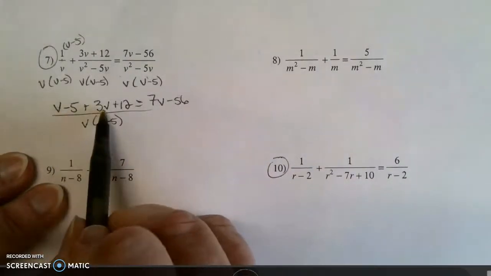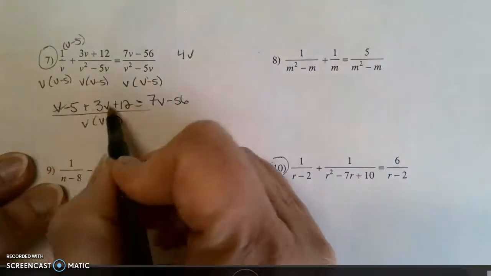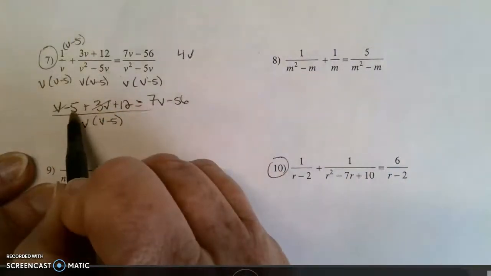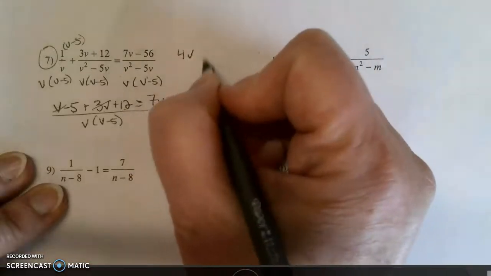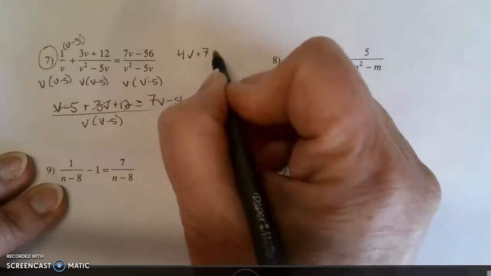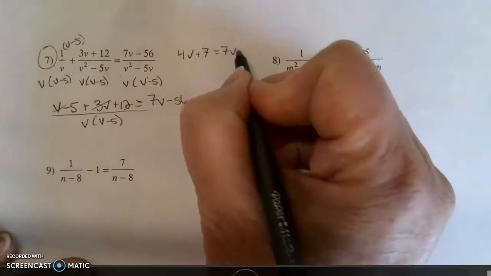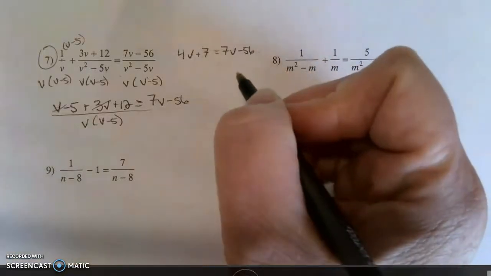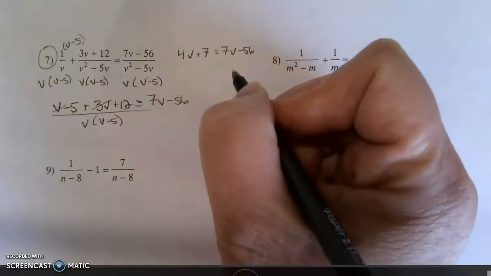So putting together my like terms, I have 4v minus 5 plus 12 gives me a plus 7. Now I need to put my like terms together.